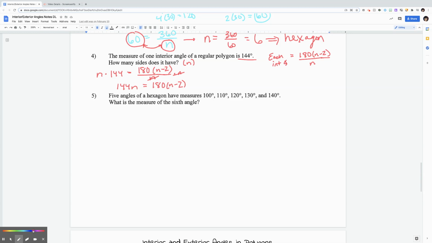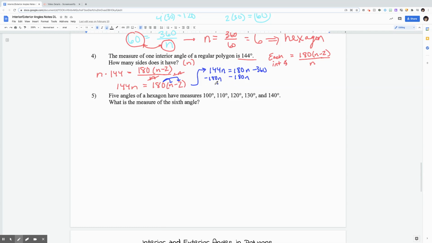Okay, then what I'm going to do next is distribute my 180 straight through. Okay, so I have 144n equals 180n minus 360. Then I'm going to subtract the 180n over to the other side. Right, once you get to this point, this just becomes an algebra problem.